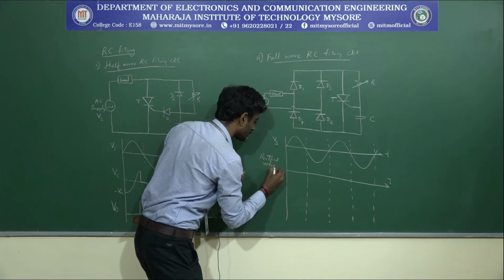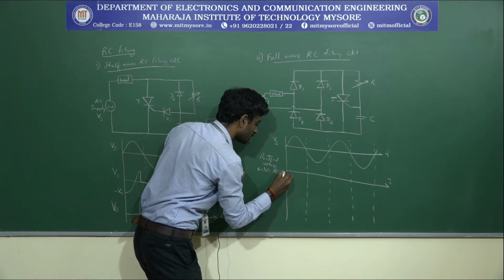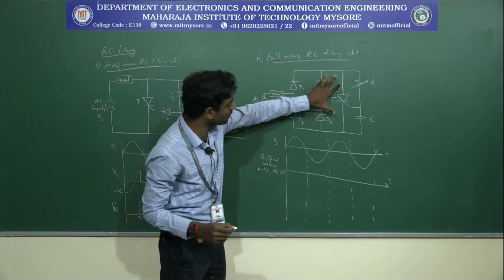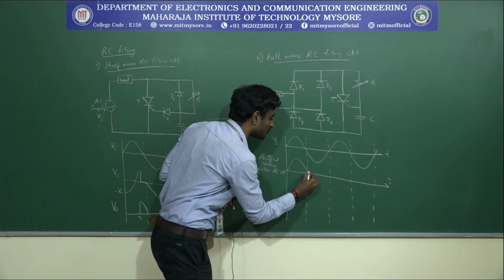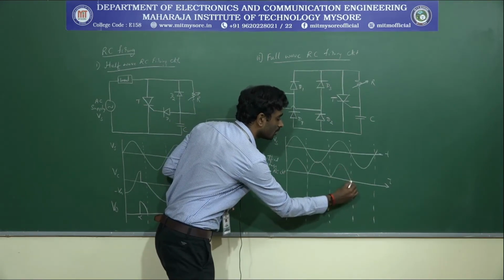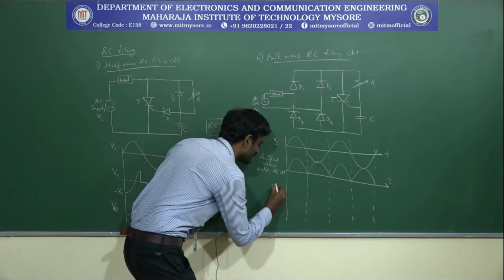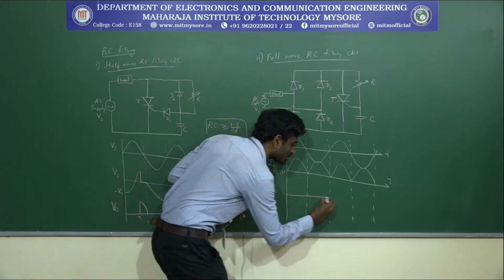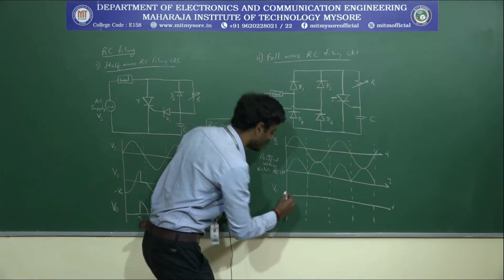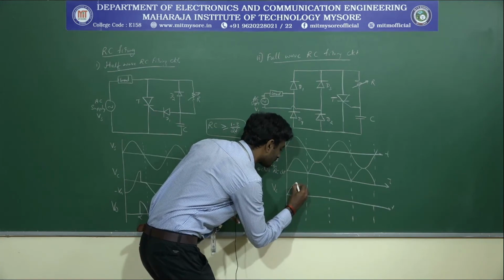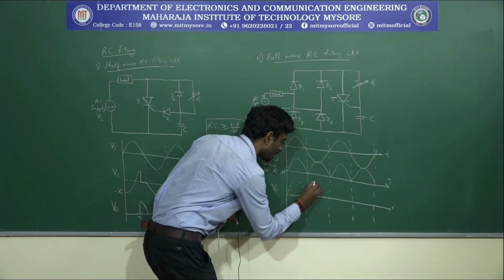if you measure the rectified voltage across the RC circuit, all your signal will get rectified, and this will be my rectified signal. If you measure the capacitance voltage across this, this will be like your rectified signal.